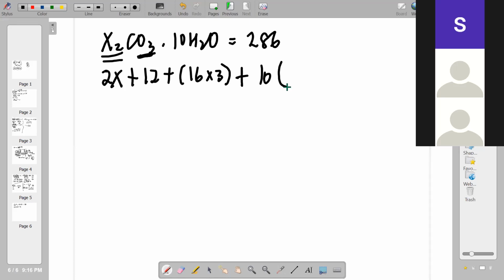Actually, I prefer if you go straight to water. Water, what's the relative molecular mass?